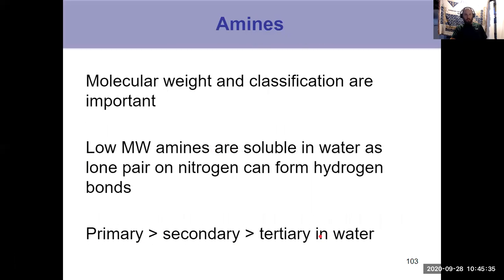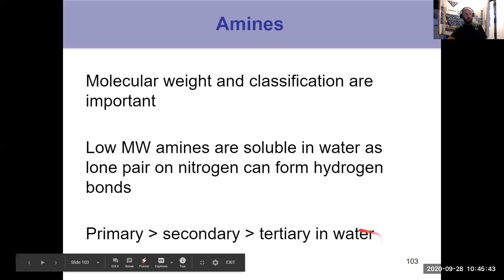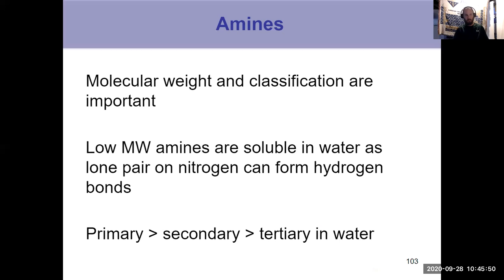And we finish with amines. Okay? Again, the molecular weight, the size, the classification are all important. The lower molecular weight amines with fewer carbons attached to them are soluble in water because the nitrogen can hydrogen bond with what's in the solvent. Okay?